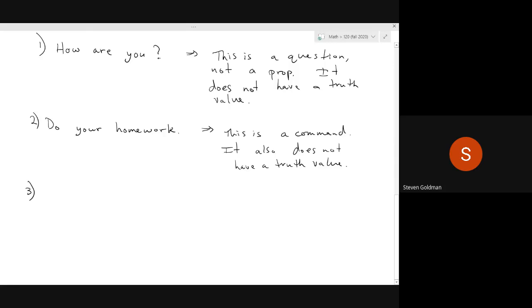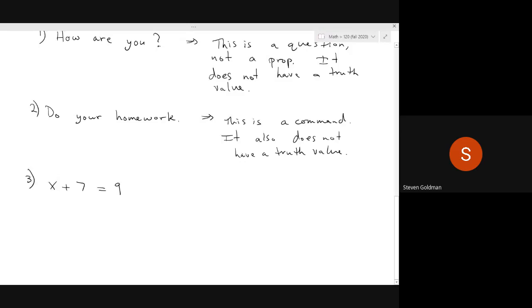Okay. So those were both English sentences. Let me also give you a math statement. Okay. Let's say I write this down. X plus 7 equals 9. Okay. This sentence as it is also not a proposition. Okay. Why not? Because I haven't told you what X is. All right. So because X is an unknown variable, you don't even know what X is allowed to be. You don't even know its domain. If I gave you a domain for X, what X could possibly be, then you could say that this is a proposition, perhaps.